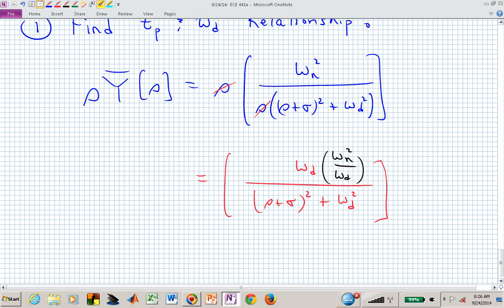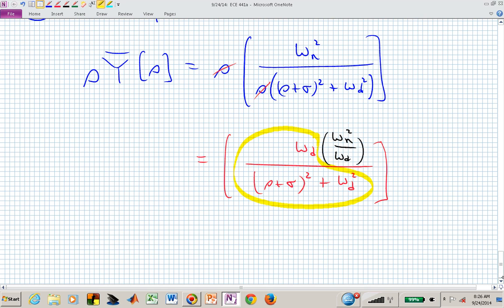This we can easily, I'm claiming, inverse Laplace transform. That's a damped sinusoid. All we're doing is scaling that by some number, the natural frequency squared over omega sub d.